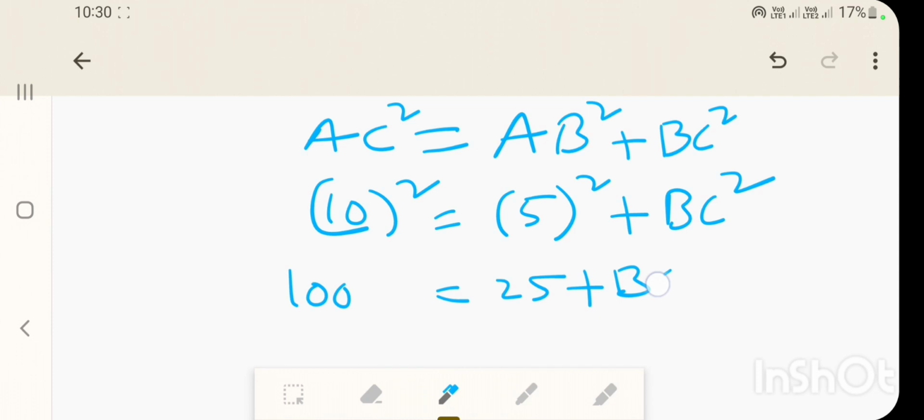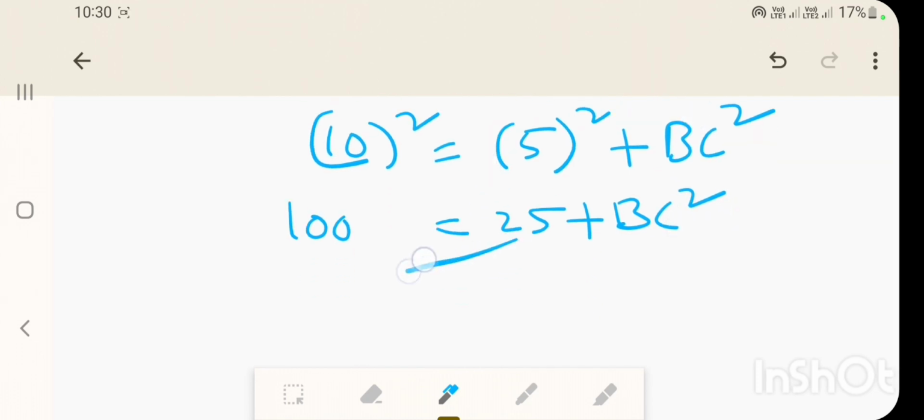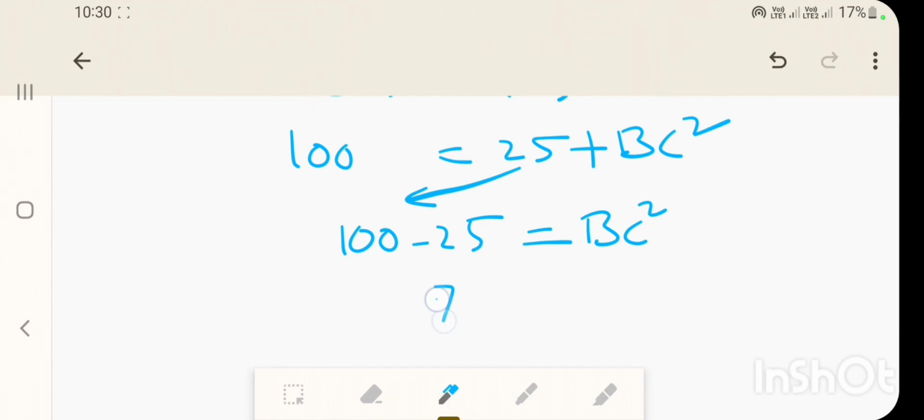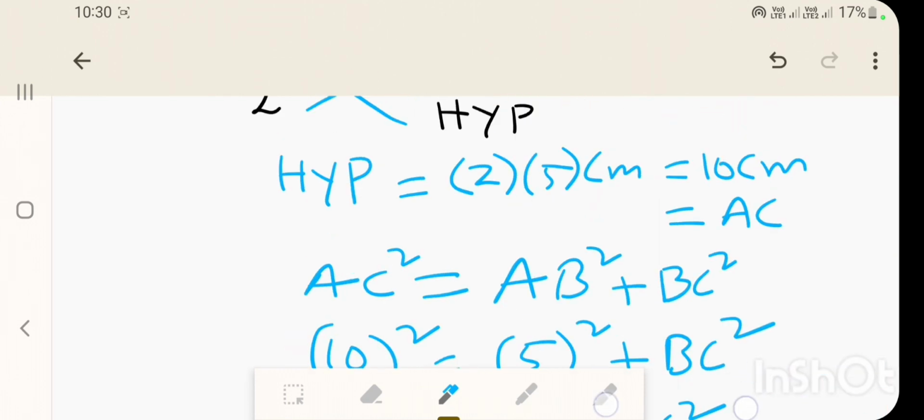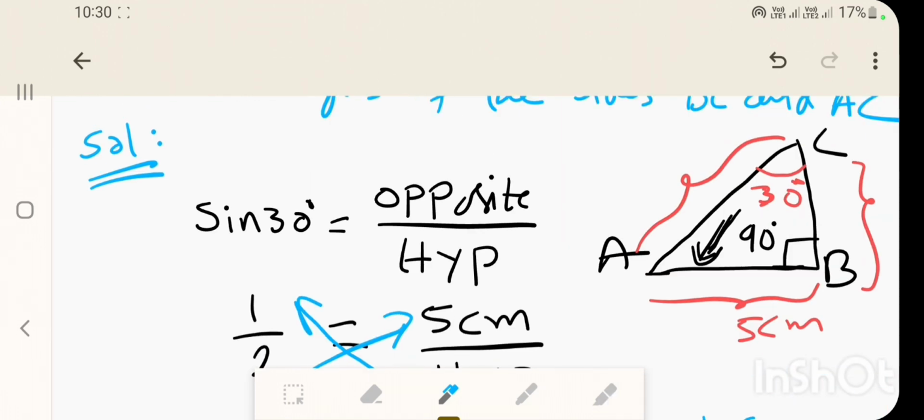If we bring this 25 to the left hand side, we get 100 minus 25 equal to BC square. So 100 minus 25 is 75, equal to BC square. From this BC we can write as root 75. Like this we can find the value of BC here.